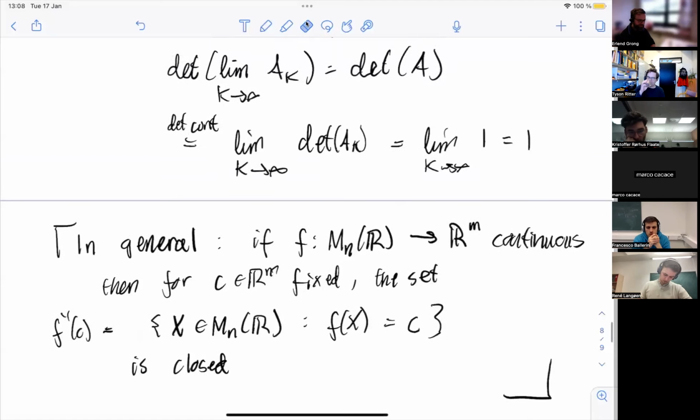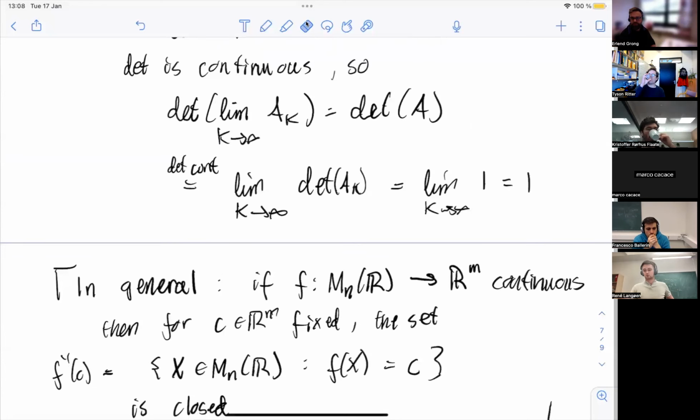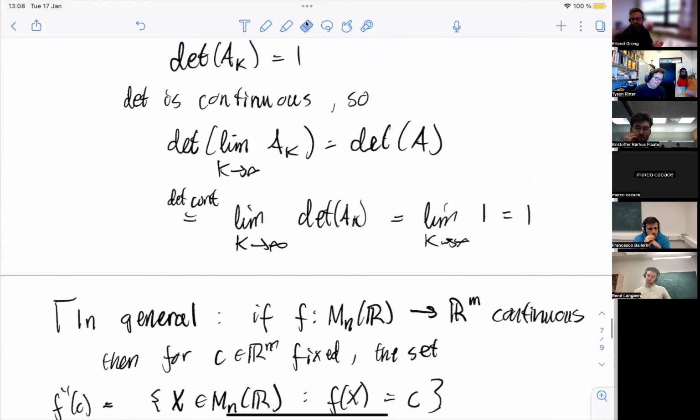The proof is essentially what we did over here. I've given you as an exercise to show that all level sets are closed, but this is essentially the proof: if you have something in a level set, it will remain in the level set after the limit. And why is the determinant function continuous? Because it's a polynomial.